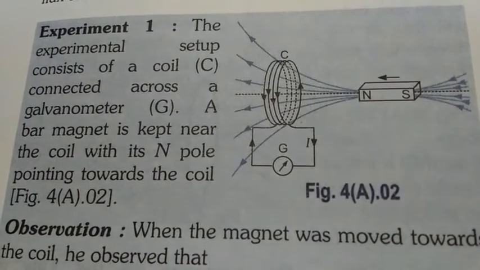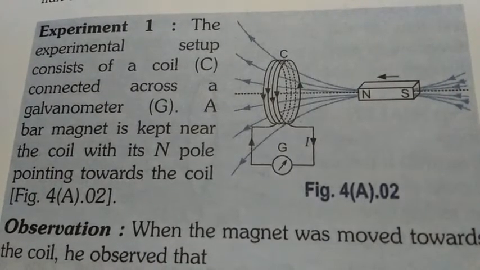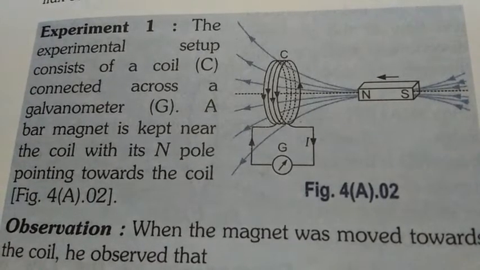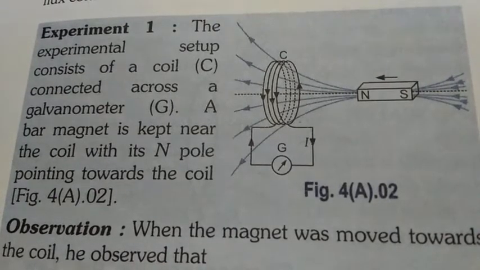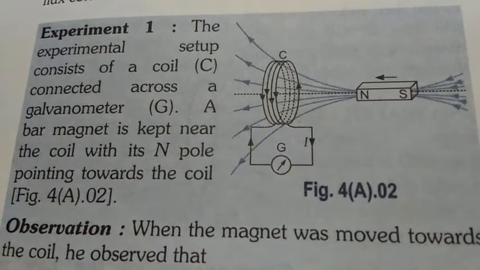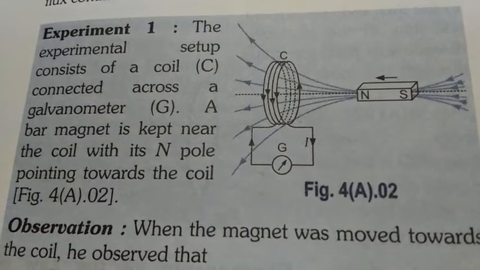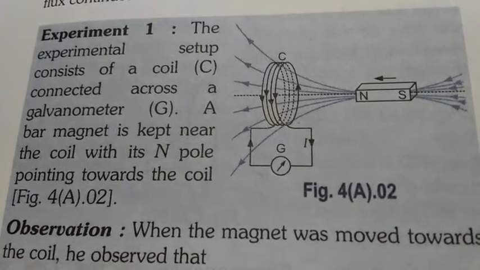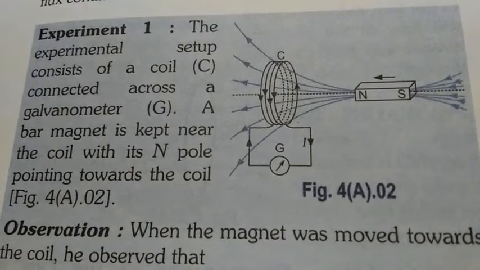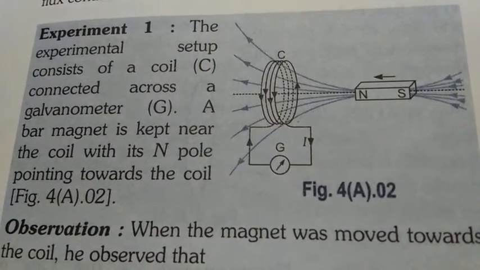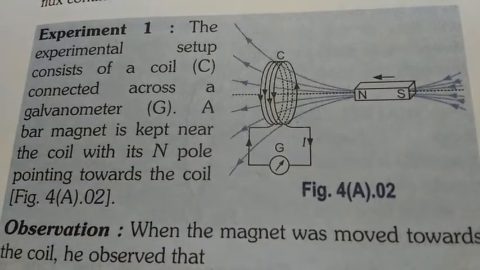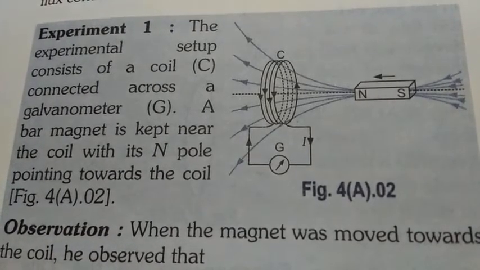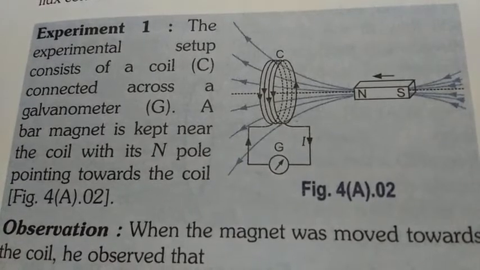The first one is that this induced EMF exists only as long as there is a change in magnetic flux. That means if the magnet is moving, only then will the magnetic field lines move. So the magnetic flux linked with the surface will change, and only then can we see the induced current here. As the magnet stops moving, the magnetic flux stops changing, and the current also disappears.